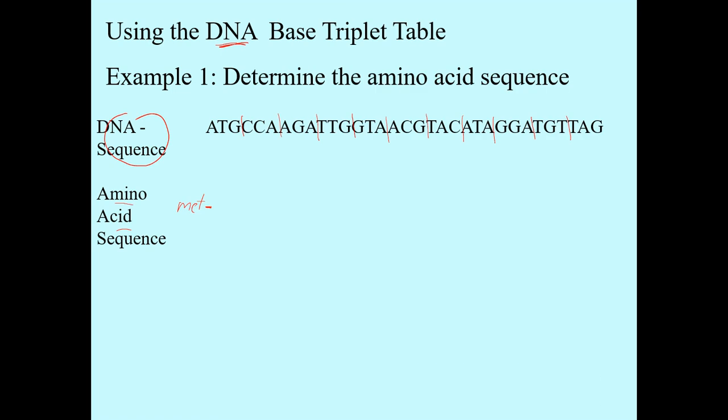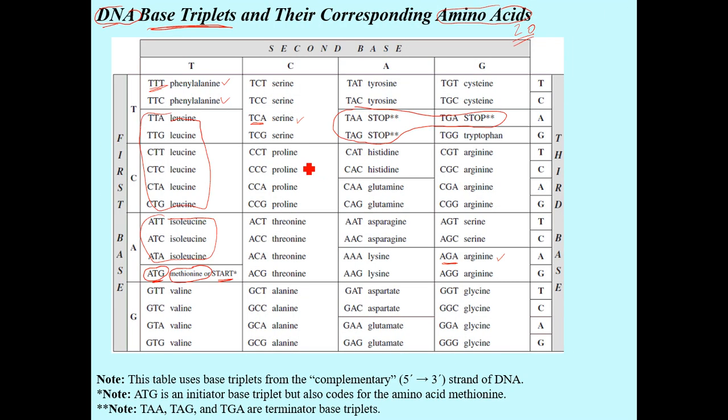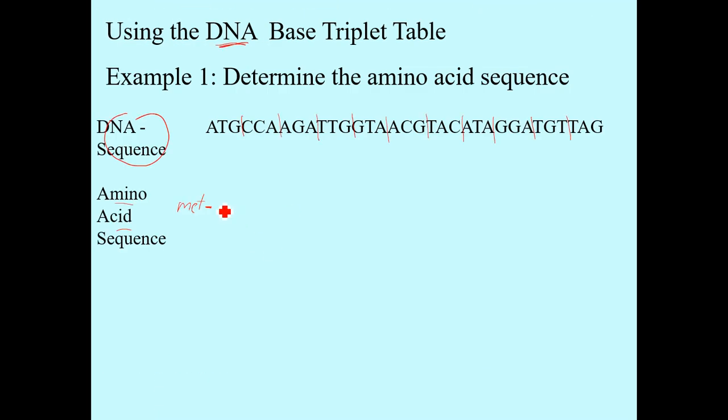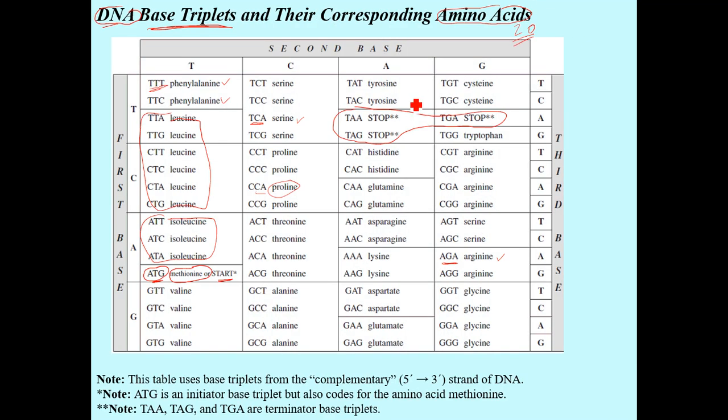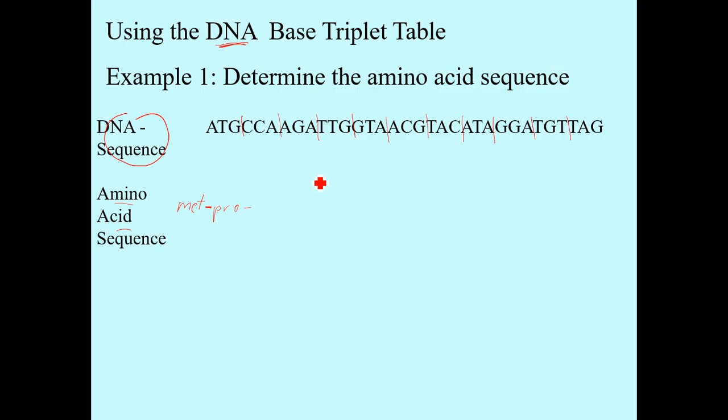Sometimes it's easier just to scan across the table to find it. So CCA is what we're looking for. CCA, this one right here. So that is proline that we're going to insert for our second amino acid. Go on to the third one, AGA. AGA is going to be this one right here, the arginine.